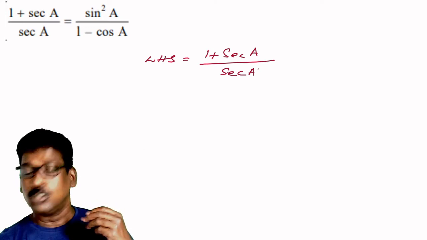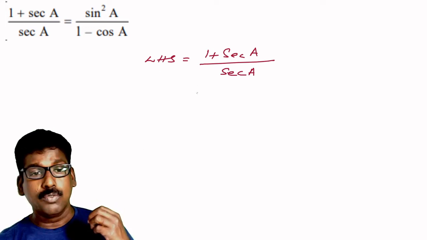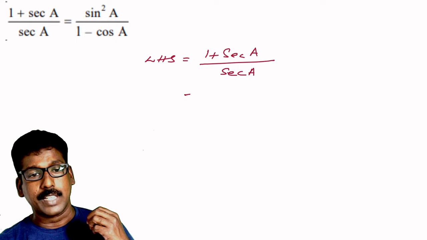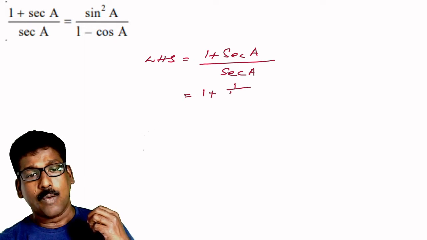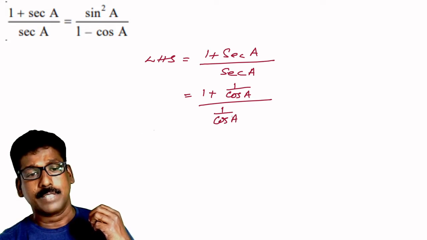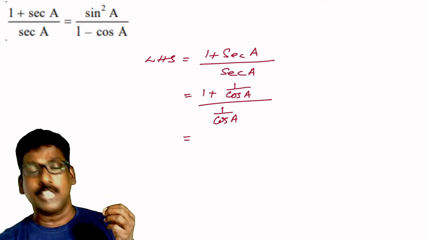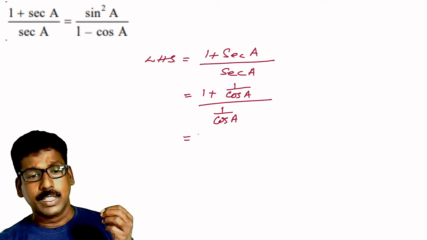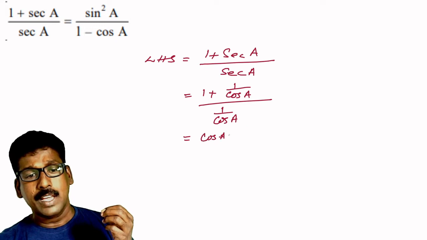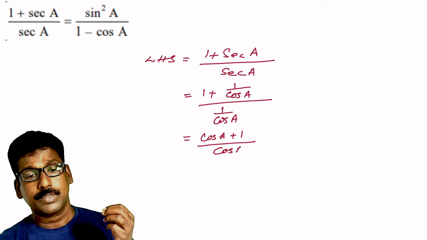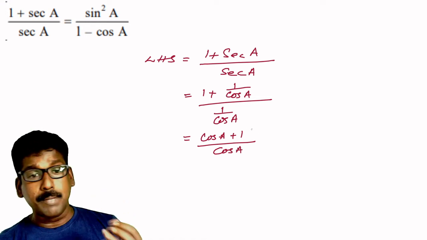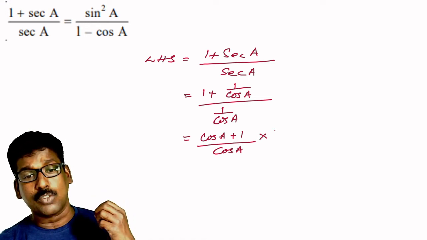Now sec A, you know, is the reciprocal of cos A. So you can write this as 1 plus 1 by cos A, whole divided by 1 by cos A. Now simplify it. The numerator is 1 plus 1 by cos A, that is cos A plus 1 divided by cos A. And dividing by 1 by cos A means multiplying by cos A by 1.